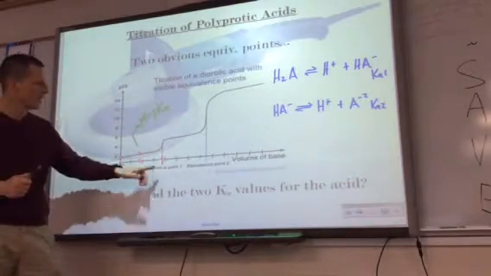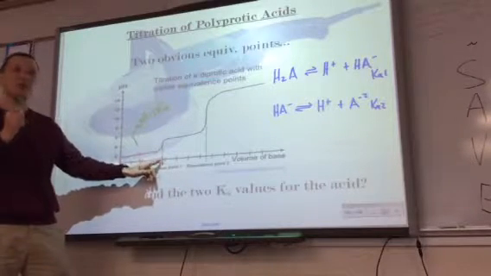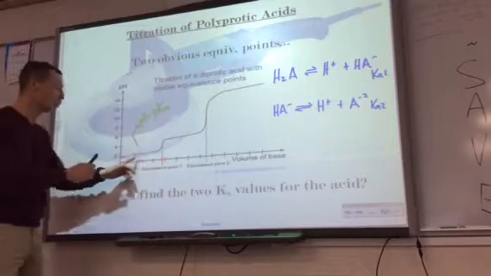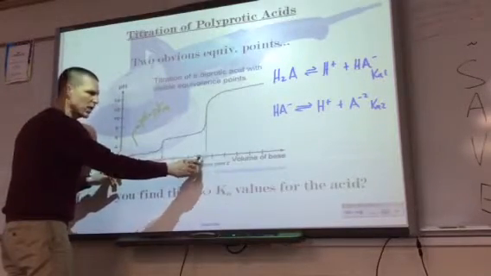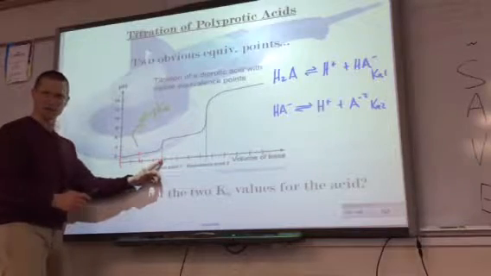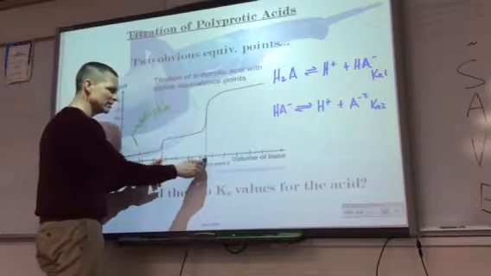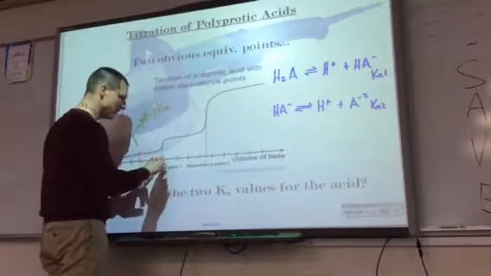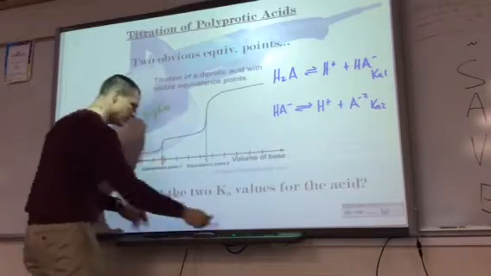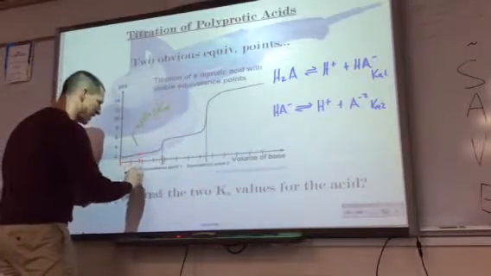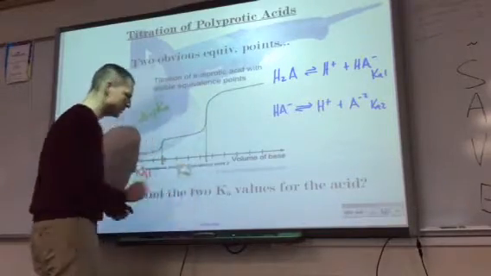Look up here. At the end of the first K equivalence point, that's where the second one starts. So you don't go back to the beginning to take halfway between this and there. You just start there and go from the end of the first K to the second K. So from that point to this point, this first section is Ka1, the second section is Ka2.